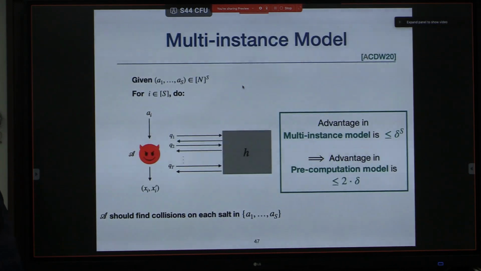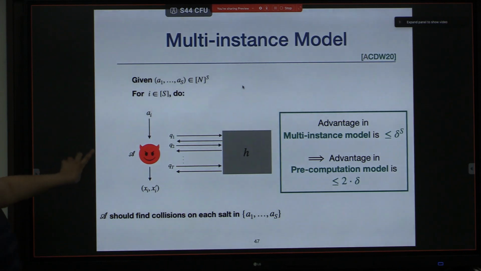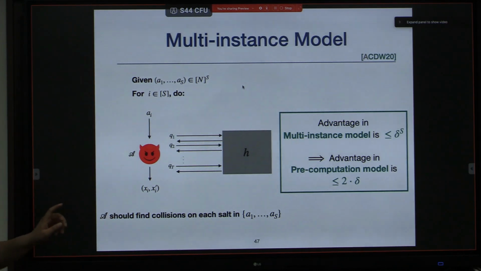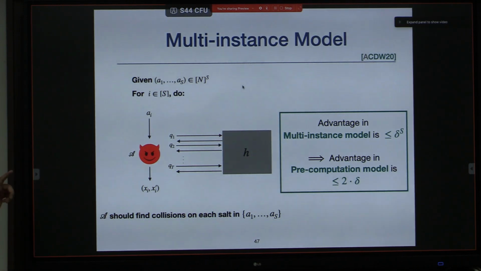And we showed that if the advantage in the multi-instance model, where you're getting S instances and in every instance you're getting T queries, can be bounded by delta to the S, then the advantage in the pre-computation model is 2 times delta.